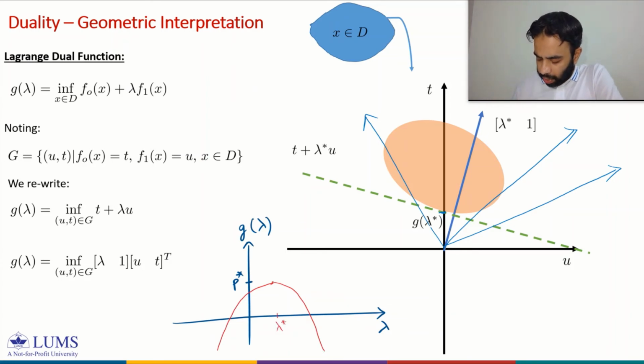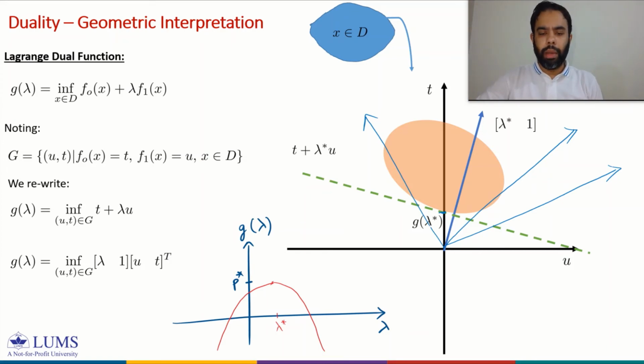And for all other values of lambda, g(lambda) decreases, to minus infinity or to some value. So we note here that g(lambda) is a concave function. The maximum value of g(lambda) cannot be greater than p star, and if g(lambda star) is equal to p star, we say we have strong duality. In this example, we had strong duality.